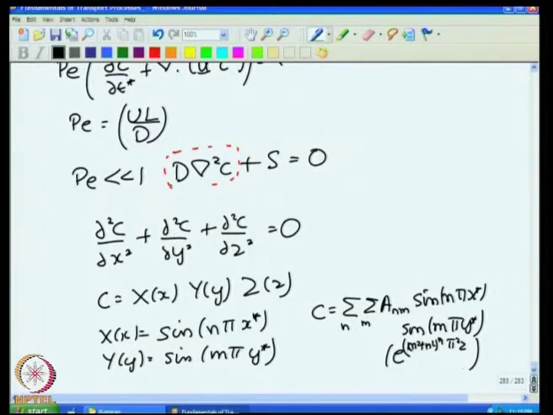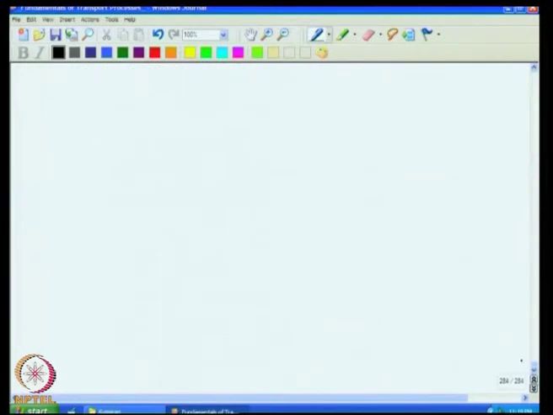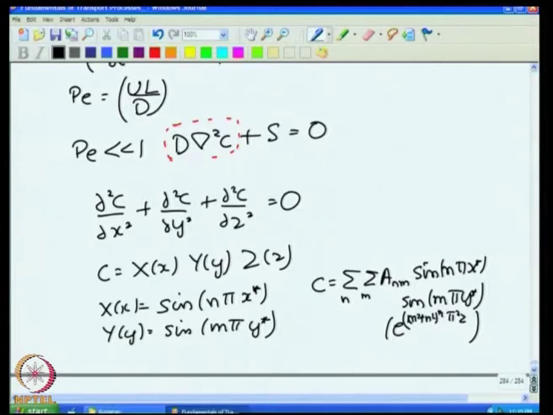You will get exponential functions in the z direction, and these coefficients will be determined using orthogonality relations.